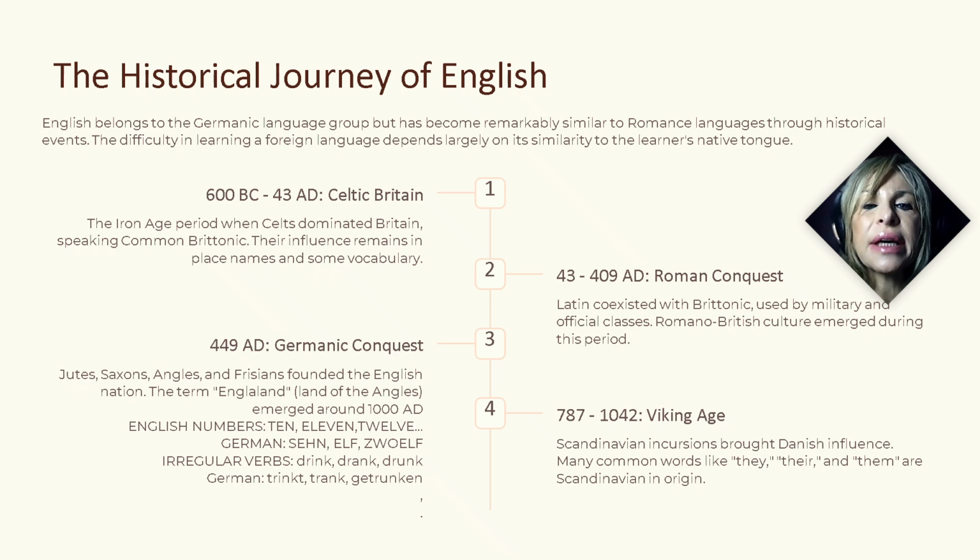Latin was used by the military and official class, and therefore used as official language, although it did not replace the Celtic language. The Germanic conquest took place around 449. Germanic tribes from Denmark and the Low Countries conquered England.